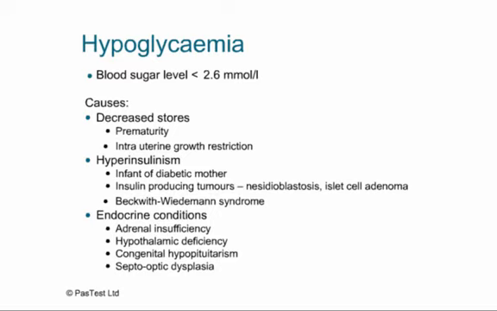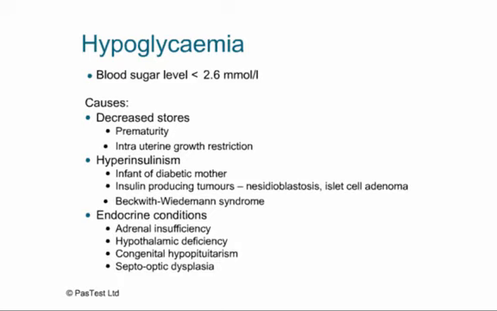The list is quite exhaustive, but it's generally easier to remember the causes of hypoglycemia if you divide them into various groups. So for the purposes of this lecture, I have divided the main causes of hypoglycemia in newborns under the following sections. The first, and probably one of the most common causes, is due to decreased glycogen stores, and this is seen in prematurity and intrauterine growth restriction.